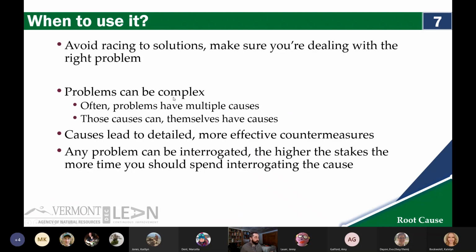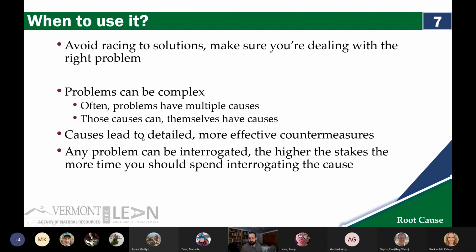Because we recognize that problems can be complex. It's not unusual for problems to have multiple causes, and that those causes are themselves caused by something else. So it acknowledges kind of a real world complexity, and that's what's really great about the tool.